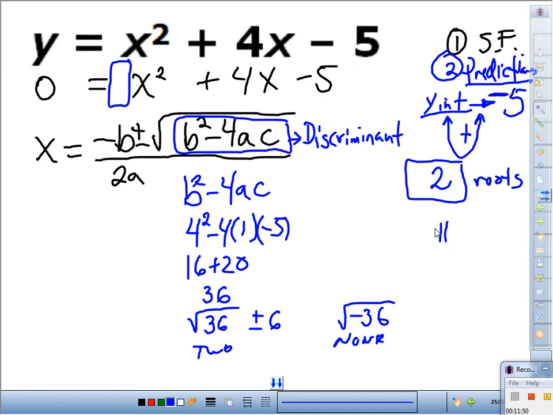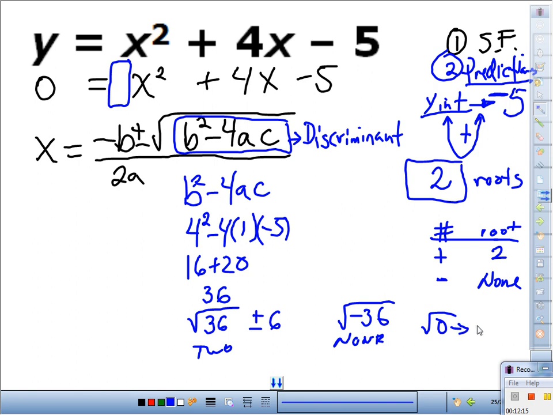Now, what is the only other possibility? So I'm going to write the little table here: the number I get and the roots. If the number is positive, how many roots am I going to get? 2. If the number is negative, how many roots am I going to get? None. Now, what's the only other possibility aside from positives and negatives? 0. What if, when we plug in numbers, we get a 0?